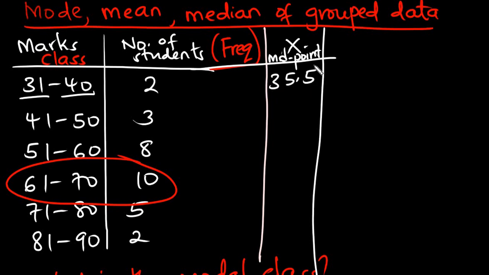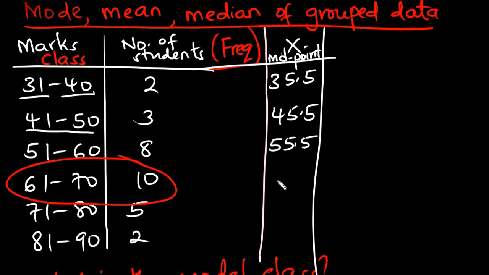35.5. For the second class, it's 41 plus 50, that's 91, divided by 2, that's 45.5. For the next class, we have 51 plus 60, it's 111, divided by 2 is 55.5.